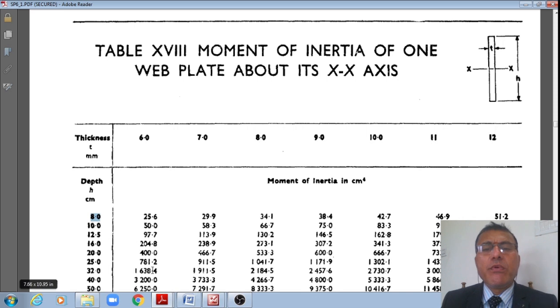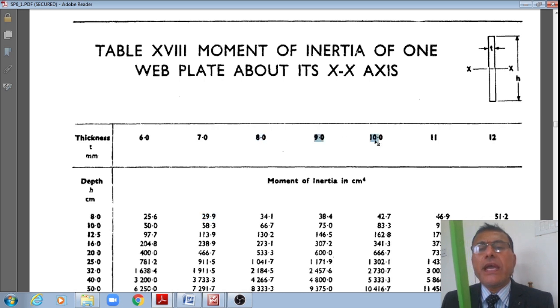It furnishes a moment of inertia of 25.6 centimeter to the power 4 if I am using a thickness of 6. Like that, if you use this 80 depth with 7 mm, then it furnishes 29.9, and with other thicknesses, you can see 8, 9, 10, 11 and 12. Maximum of this 80 depth with the 12 mm plate thickness can furnish 51.2 centimeter to the power 4.